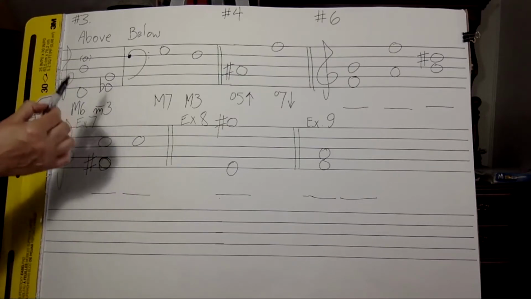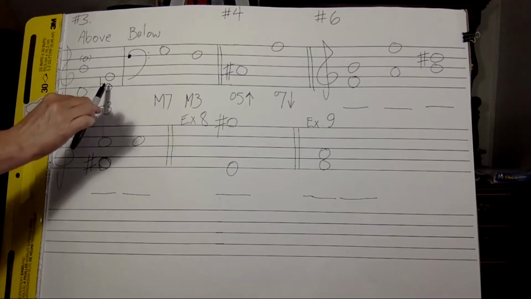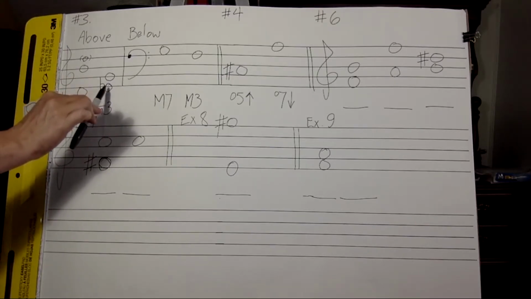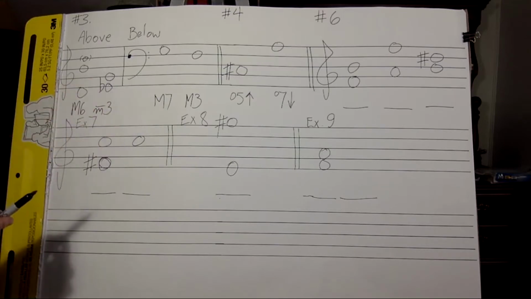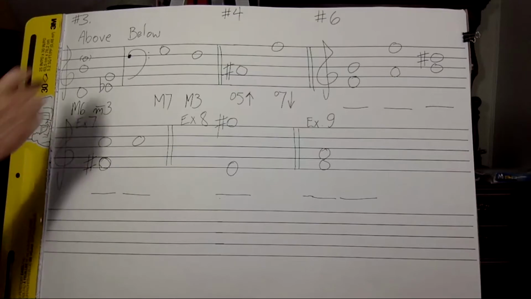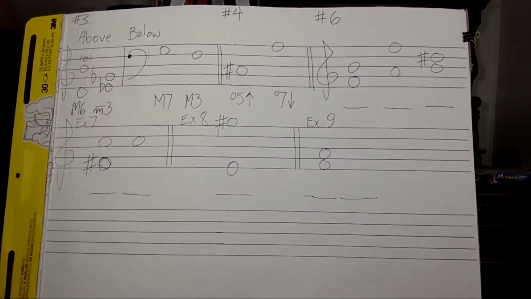Or we could think about key and say, well, E flat major has 3 flats in the key signature, and G is in the key of E flat major, therefore this is a major 3rd. So to make this major 3rd into a minor 3rd, we need to add a flat. There, now it's a minor 3rd.